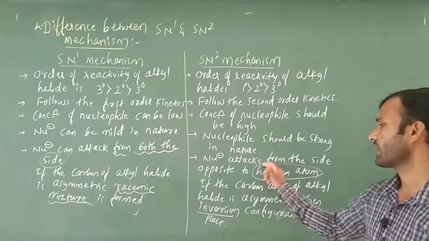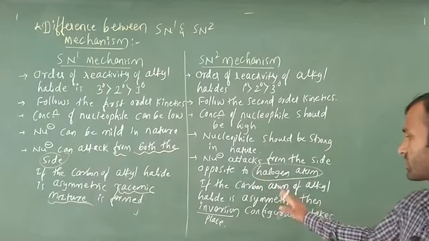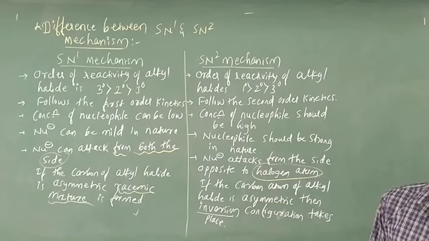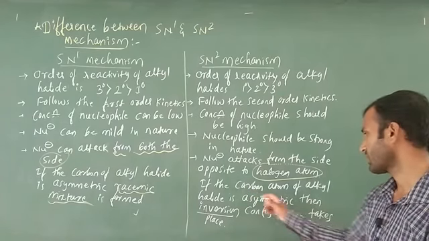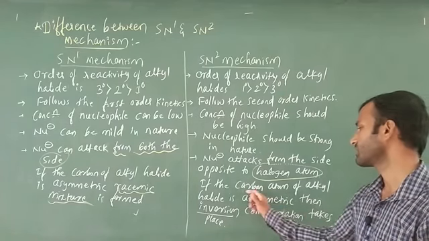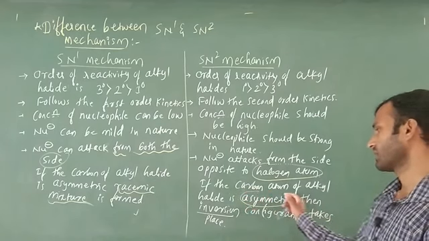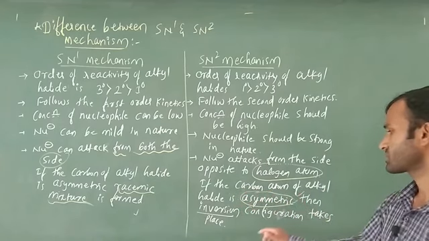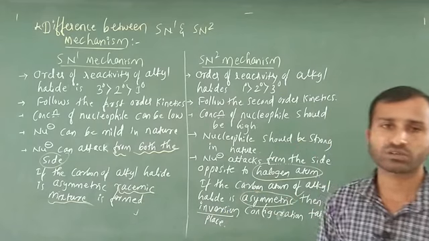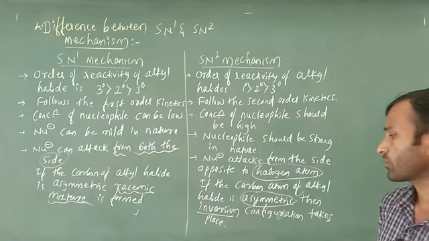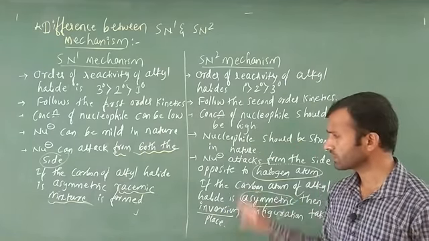That is why there is a formation of inversion of configuration. If the carbon atom of the alkyl halide is asymmetric, 100% there is a formation of inversion of configuration. Okay, all these points are most important, bear in mind.